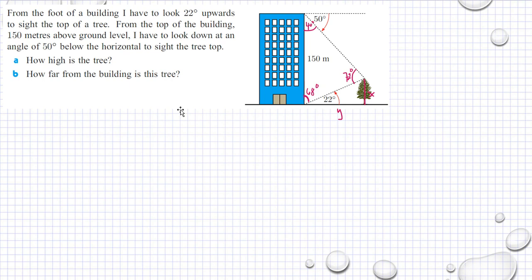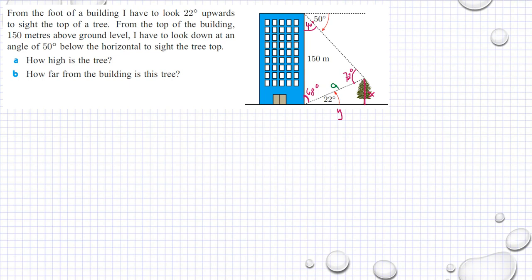Why do we need to do that? Yes, because we need to find this length. This one, we need to find this one. I can put A here. Why?